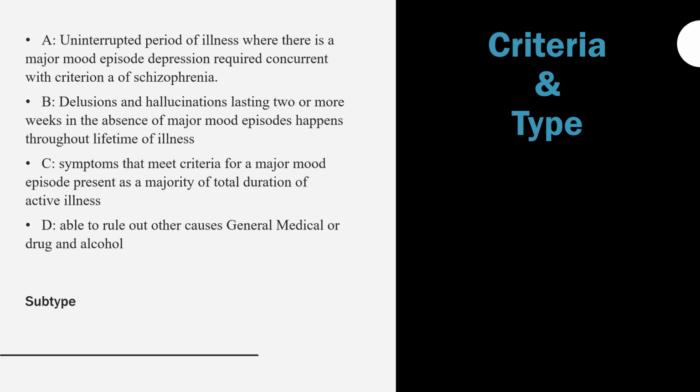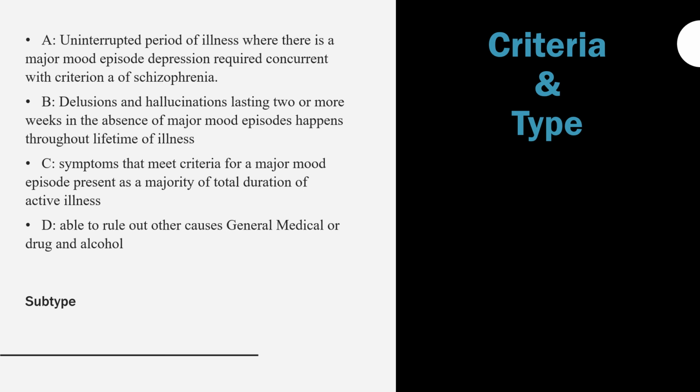Here again, we have to cross over and look at criteria for a major mood disorder, such as depression. And the time period on that is 2 weeks or more. And so here again, 2 weeks or more. And that would classify as clinical depression or major depressive disorder.